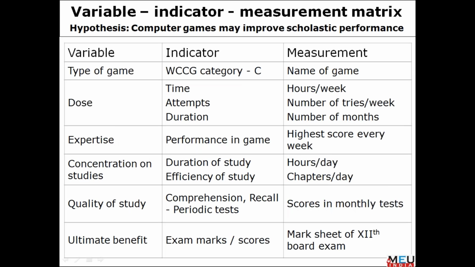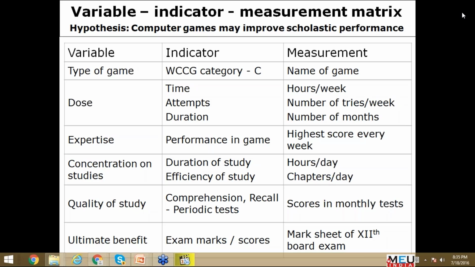Next is the variable indicator measurement matrix. Now here we look at the various variables and we look at the indicators. How much are those variables? We ourselves design those indicators and then we measure.